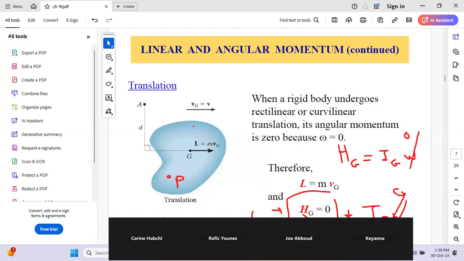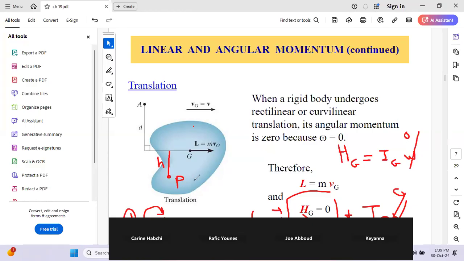What is the moment of mvg about P? Look at the figure here, it's very simple. I draw the perpendicular from P to the line of mvg. I call this distance, for example, h. And if I select the clockwise direction as positive, what will be HP?